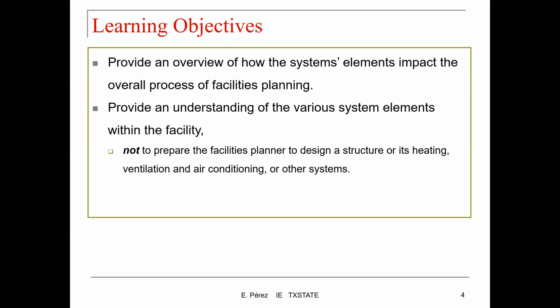And if you are designing a new facility, you need to have a discussion with the experts, let's say on heating and ventilation, and then you can provide the details needed for the goals that you want to achieve for your facility's design.